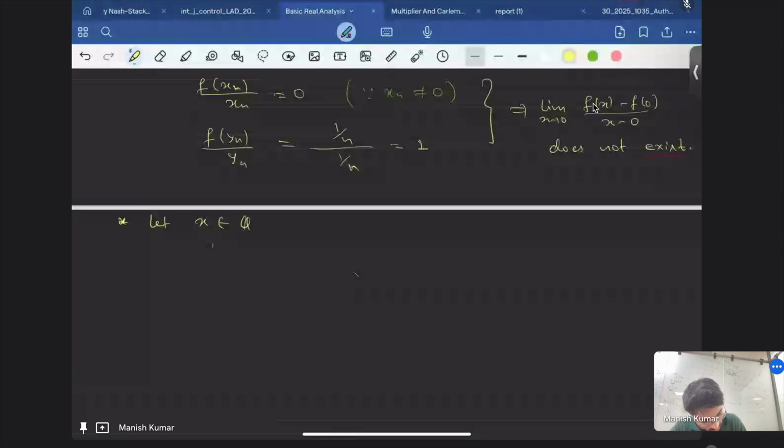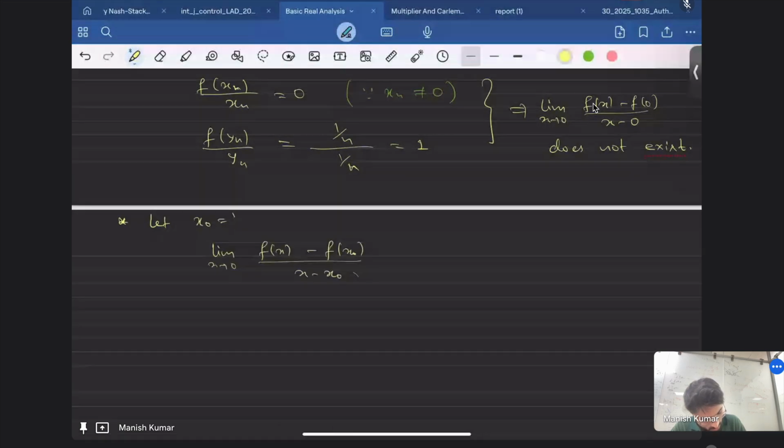So x naught is from the rationals, so this is p by q. This f of x naught is going to be 1 by q, and the denominator is x minus p by q, with x going to x naught. So this is what we have to make sure, whether this limit exists or not.